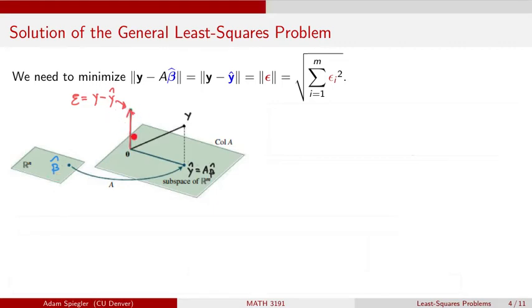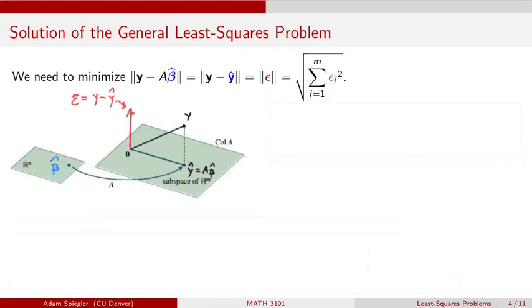So I take this error and I square it, and then if I had another point, I would calculate that error and square it, and we add all of those errors squared together and then take the square root. And so the value for beta hat that makes this sum of all of the errors squared as small as possible, that's what we call our least squares solution.